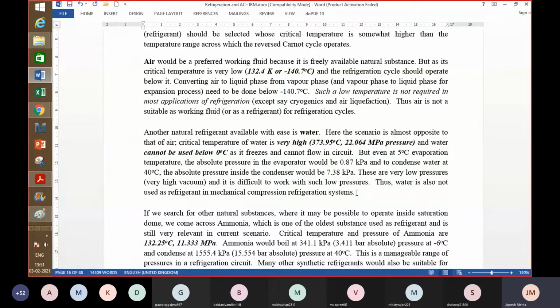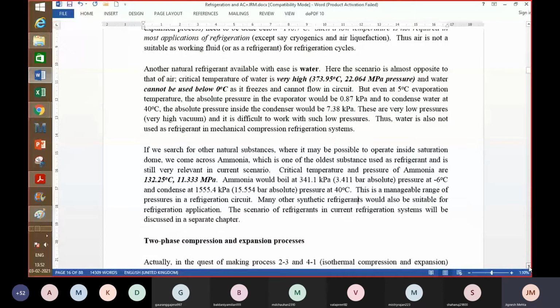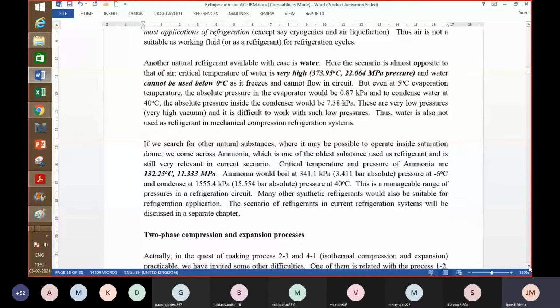So we have to find some suitable substance, either available in nature, or we have to make it artificially. Such efforts have been made earlier. People tried with something which was available very easily from nature, but then people also used their intellect and came out with synthetic substances, and they proved to be very successful, thermodynamically at least.